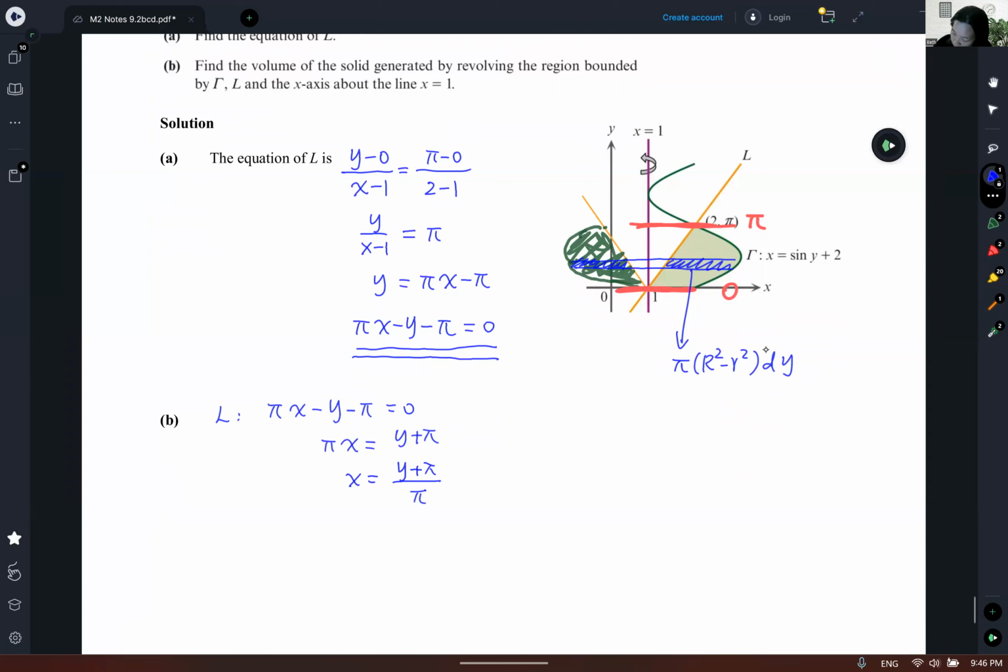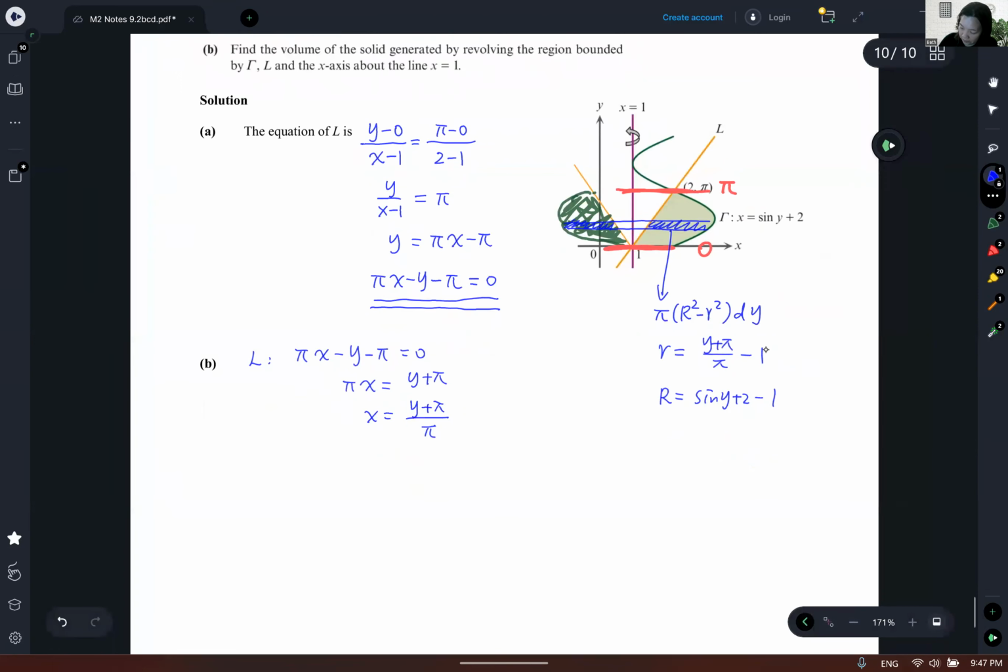Now, because the small r is the orange minus the purple, the greater R is the green minus the purple. So the volume.